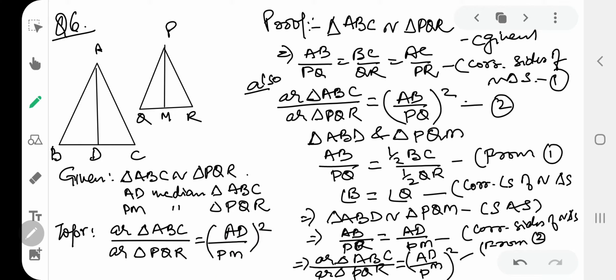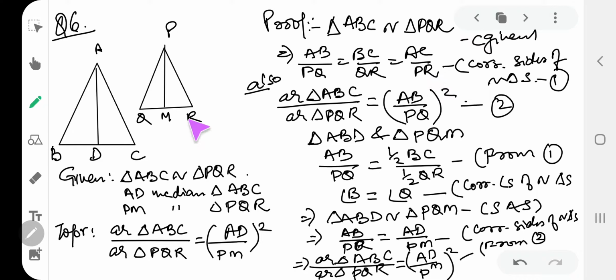Okay. So now children, as we are given these two triangles are similar, that means ratio of their corresponding sides are equal. Therefore, AB by PQ, BC by QR and AC by PR all are equal as the triangles are given similar.